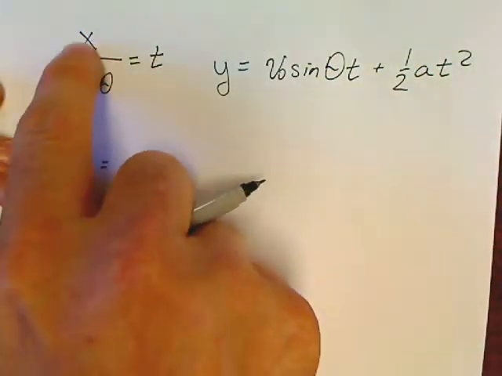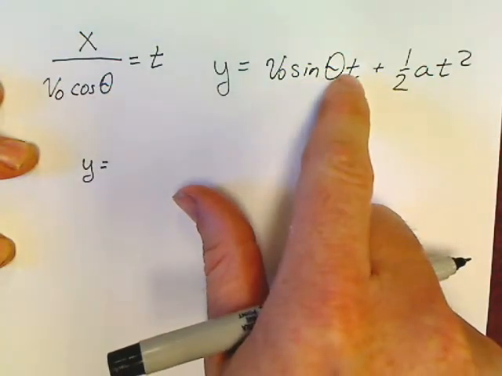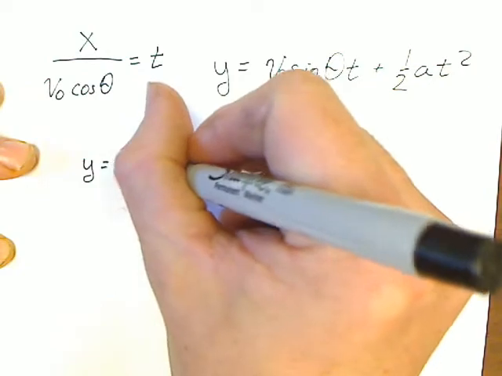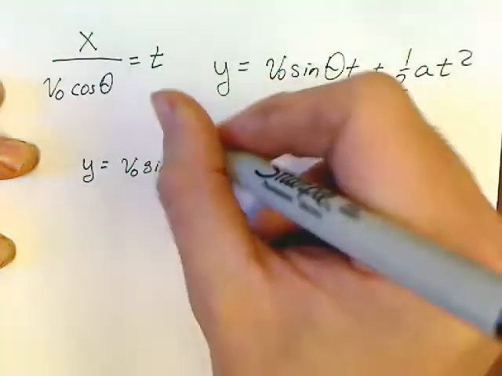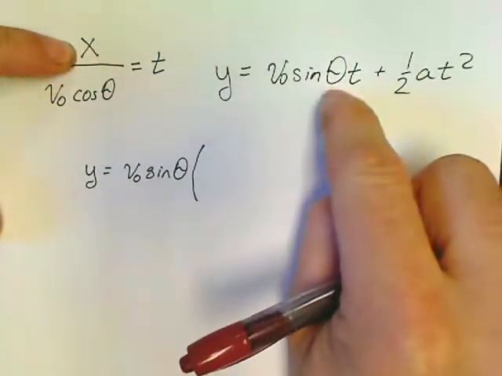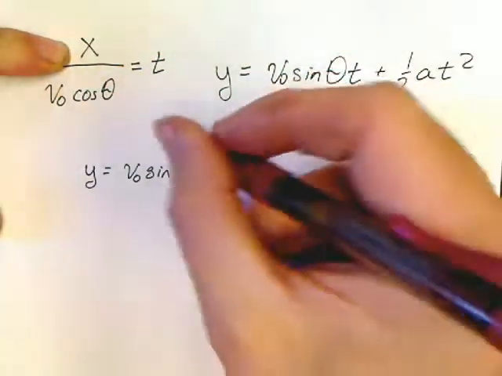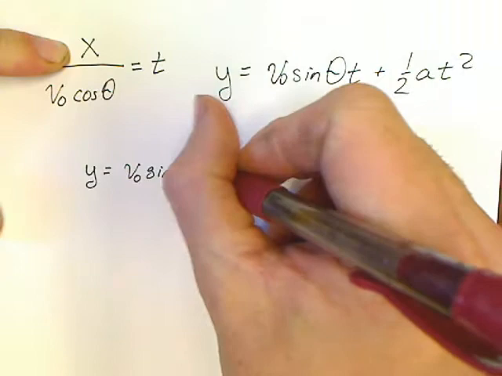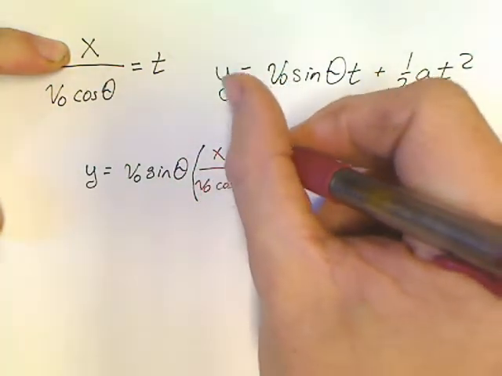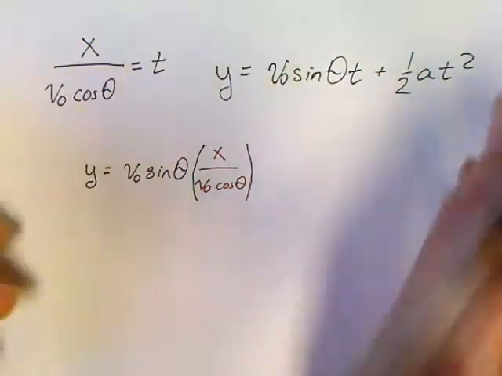I'm going to plug this in for time. I'm going to substitute. So this is going to be V0 sine theta times, so I'm going to substitute for that t, x over V0 cosine theta. Cool.